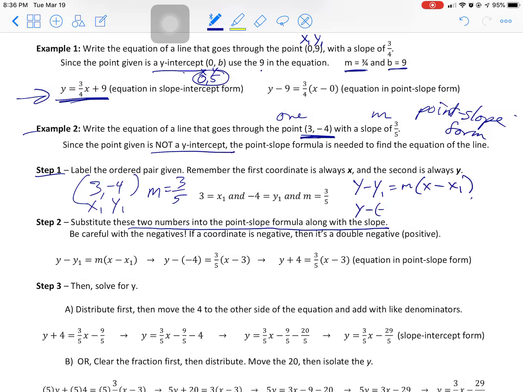That is a double negative. Equals the slope, which was 3/5, times x, and then the 3 was x1. Done. Now, they like to see when you have a double negative, go ahead and make that a positive, so that's the final equation in point-slope form.